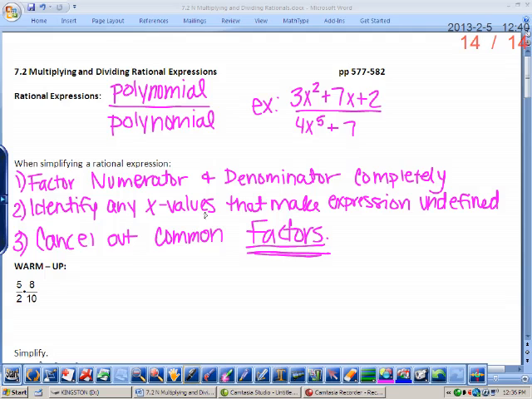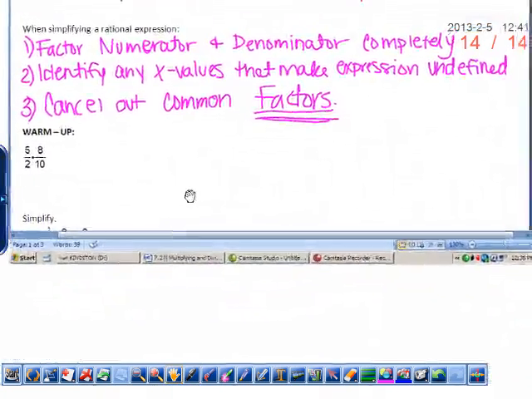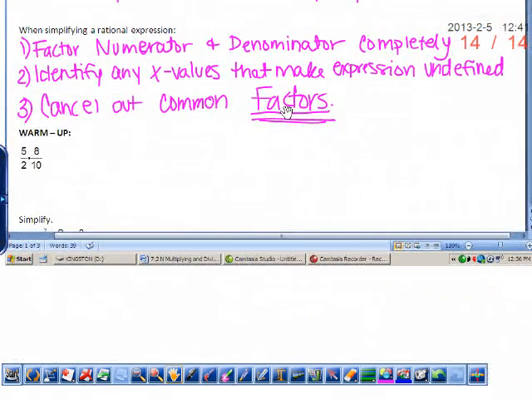Okay, so I want to work this little tiny warm-up here. 5/2 times 8/10. And I want to kind of work it in this process. I know you know how to solve this. You can simplify and multiply. But I want to show you kind of what we're going to be doing. So take your numerator of 5. Can I factor that at all? No. How about 2?